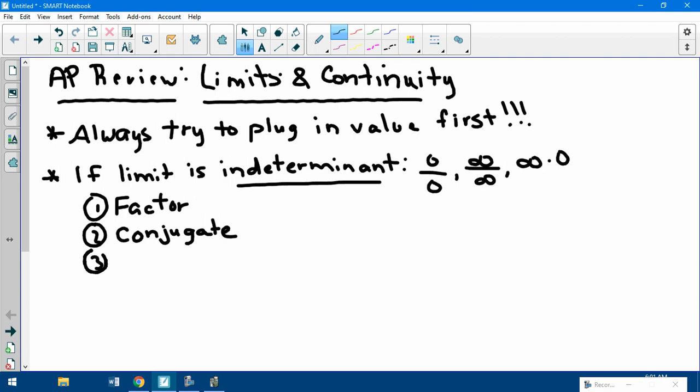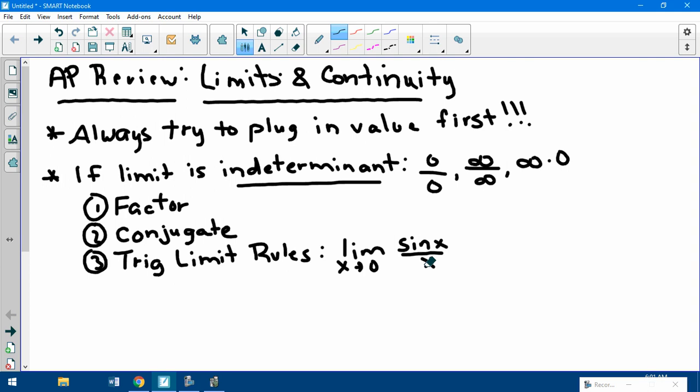You can try the trig limit rules, which we did a lot of early in the year. And what I mean by trig limit rules, that's when we said we know the limit as x goes to 0 of sine of x over x is 1, and the same with the limit as x goes to 0 of tan x over x.